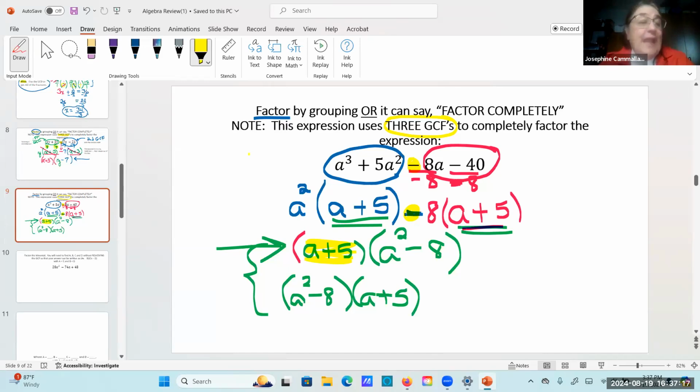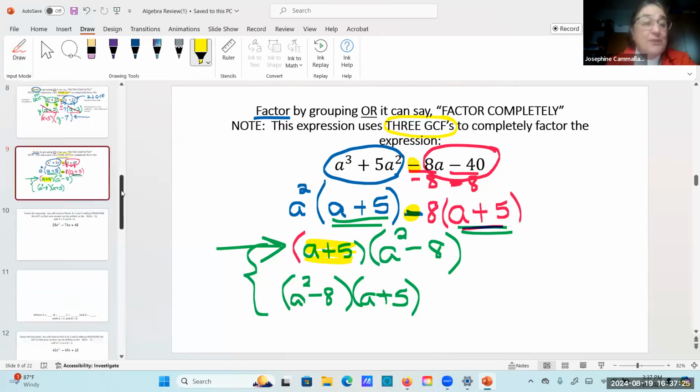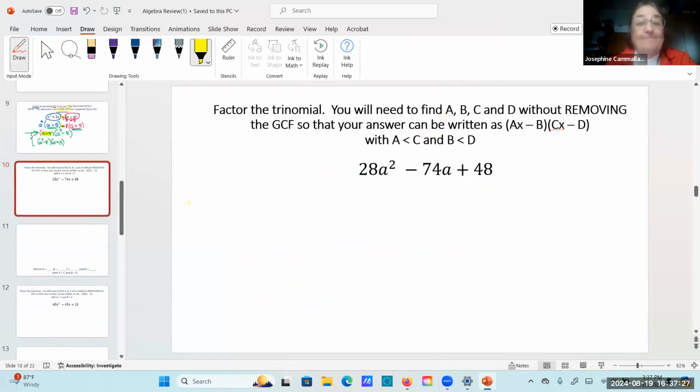Okay. Now, with that said, here comes one that some of you have already started to struggle with and ask me about. Now, this is one that is unique to Mom. Okay, this is asking you to factor the trinomial.